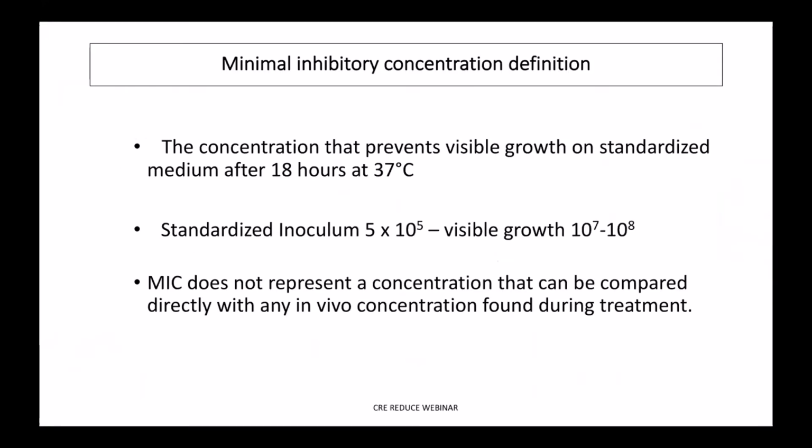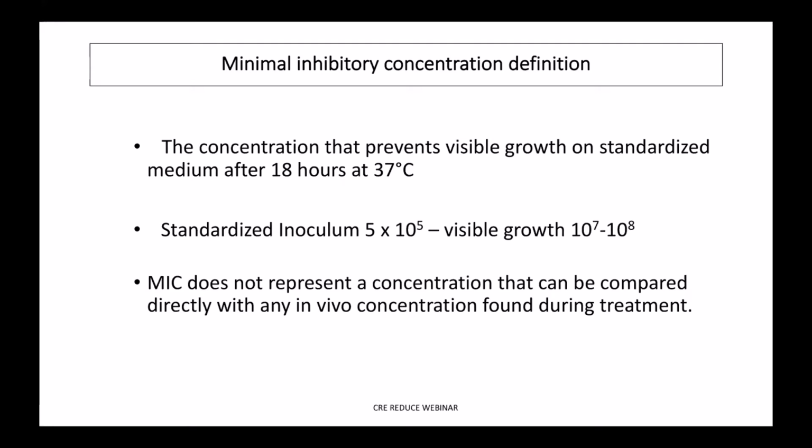First of all, I would like to go back to the definition of minimal inhibitory concentration. As you know, MIC is the concentration that prevents visible growth on a standardized medium after a standardized time and temperature and with a standardized inoculum.